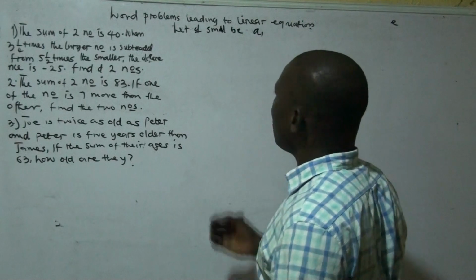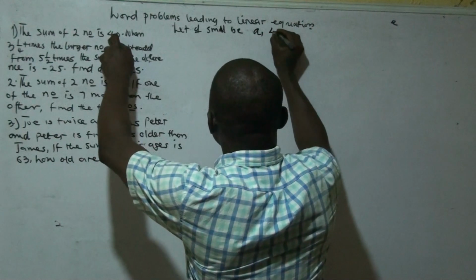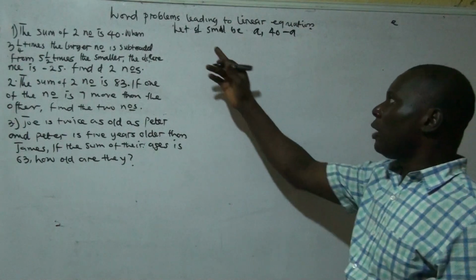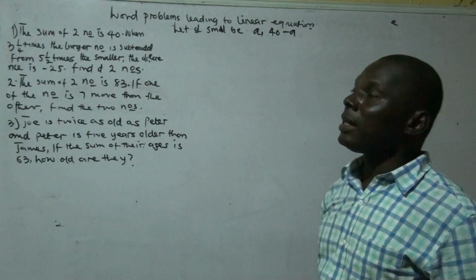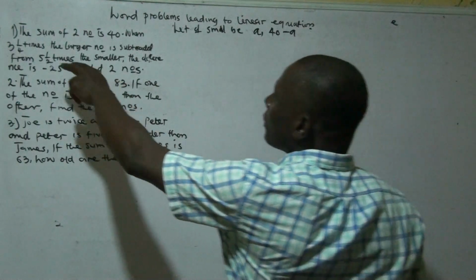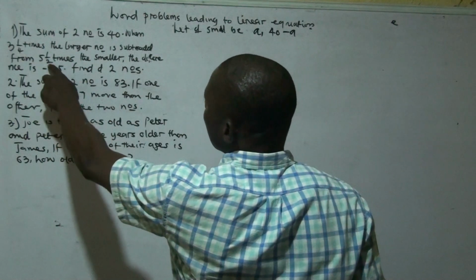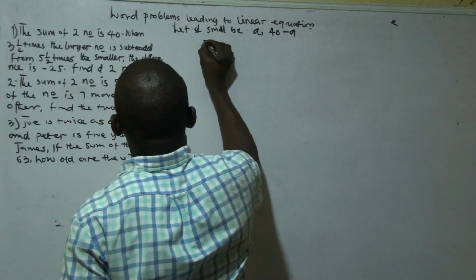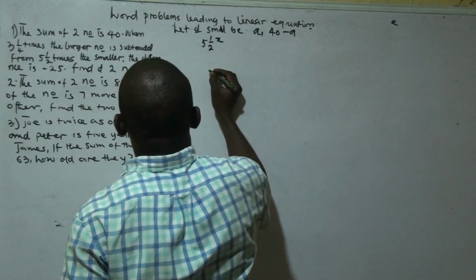Then if the smaller number is A, because they said the sum of them is 40, the bigger number will be 40 minus A. So for you to get the other number, it will be the total, 40, minus the smaller number's share. And they said that 3/4 times the larger number is subtracted from 5.5 of the smaller number.